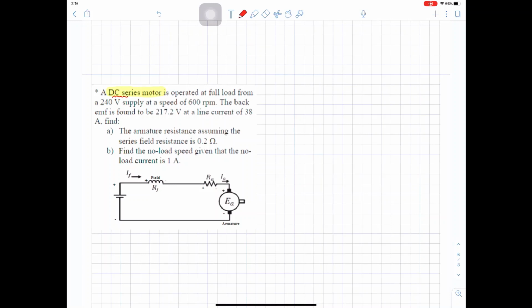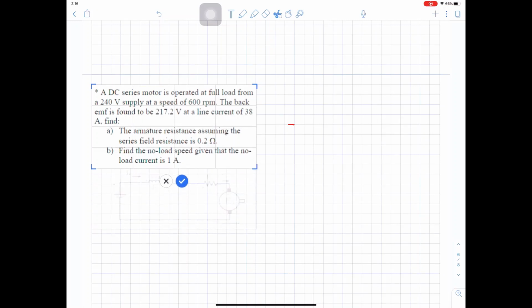So we have a DC series motor. I will start solving this problem by sketching the motor. Here we have the field in series with the armature.